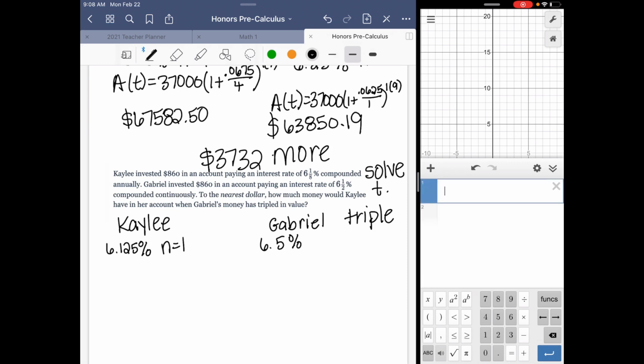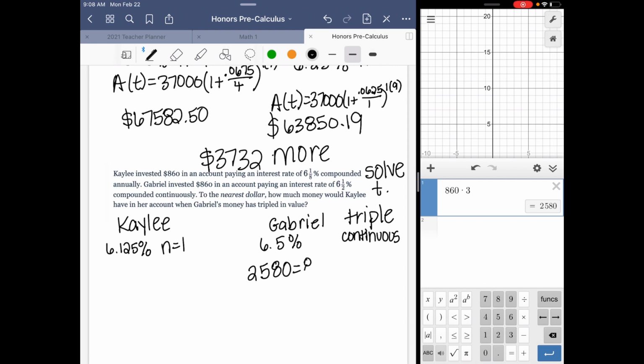All right, so if we want to triple here, we are going to be looking at our ending value. So Gabriel started with $860, and he wants to triple to $2,580. So remember, Gabriel was compounded continuously, so we got a lot of information that we need to make sure we organize. So he is going to $2,580.